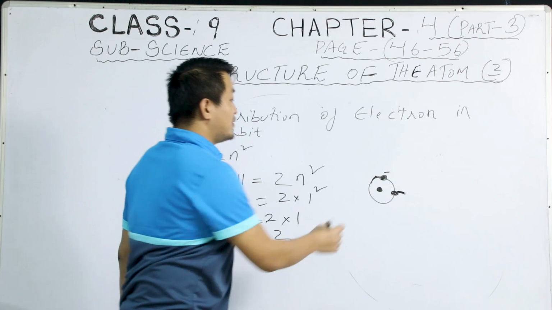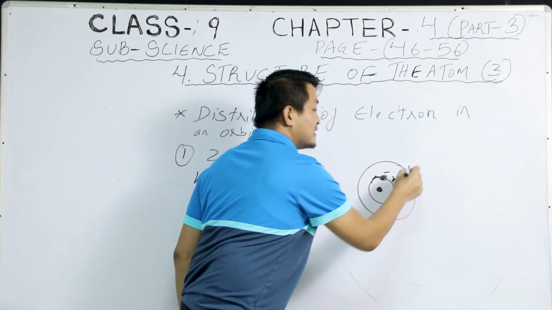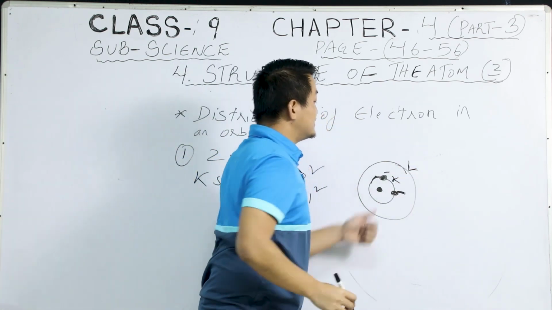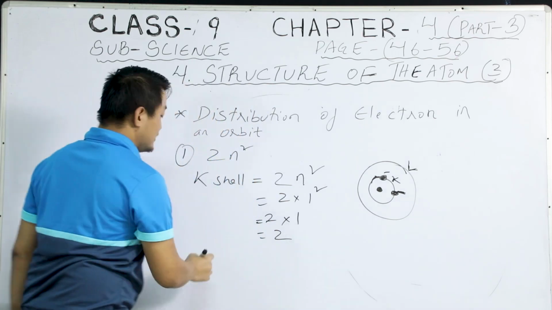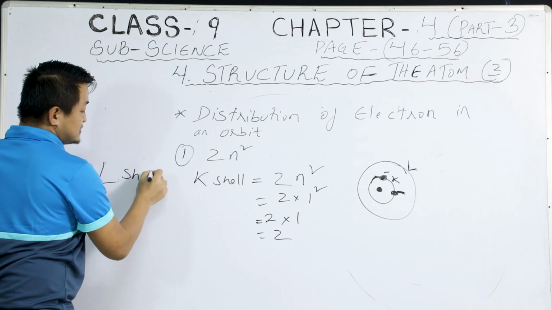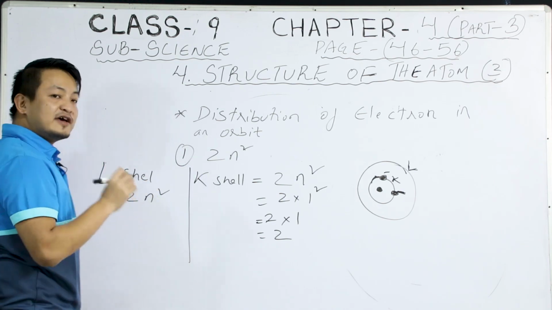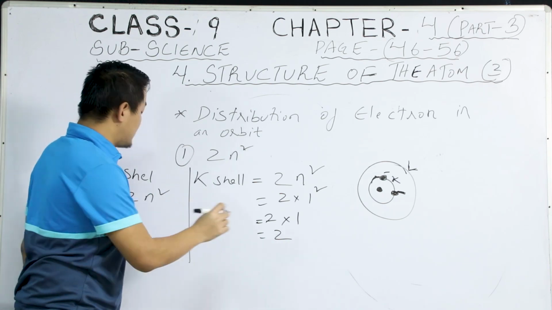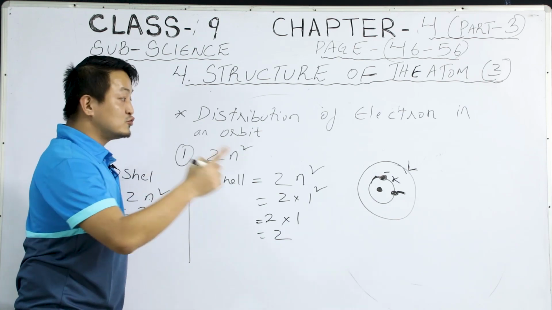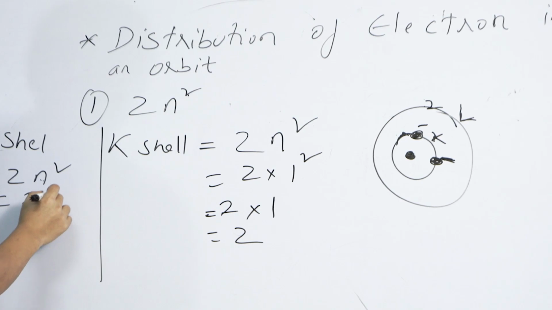Now let's discuss the second shell. This is the K shell and this is the L shell. For the L shell, the formula is the same, 2n squared. Here n is 2, so we write 2 square.